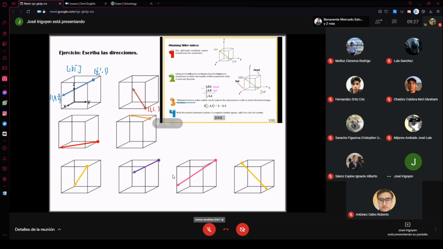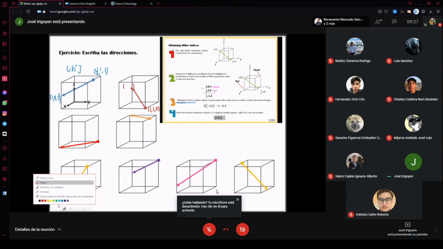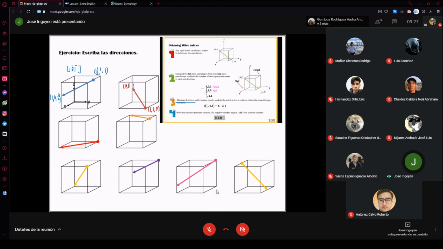Okay, and in the head, what's the value? This point. 0, 0 and a half. Let's check. 0, 0 and a half. Let's see. 0, yes. The other one also. Okay, very well.